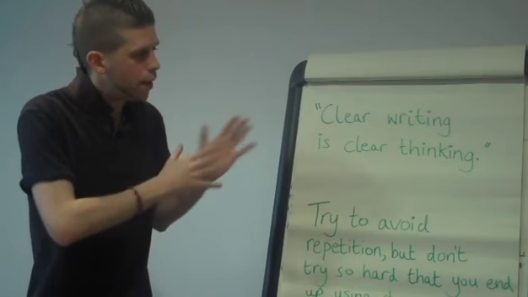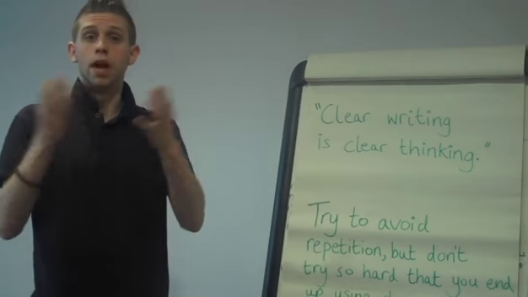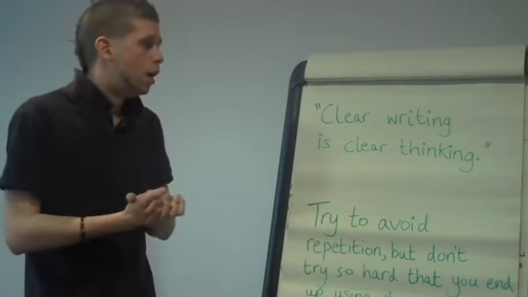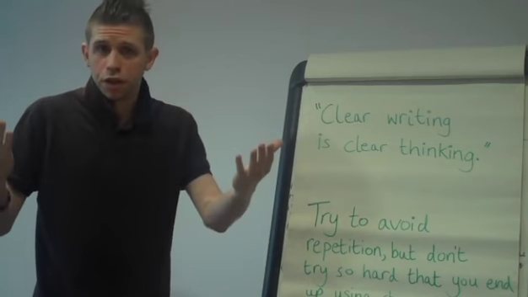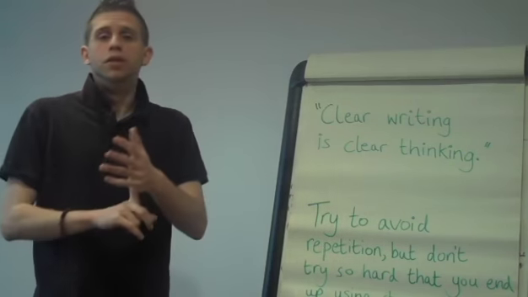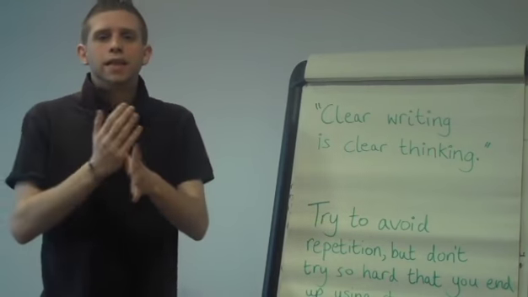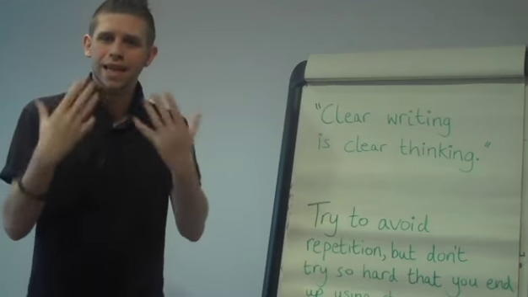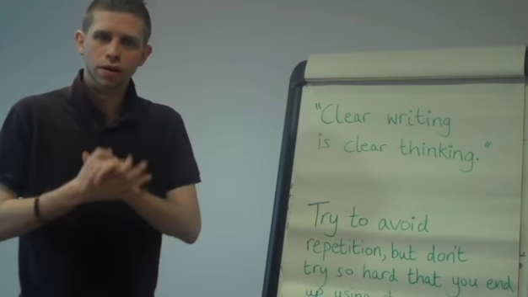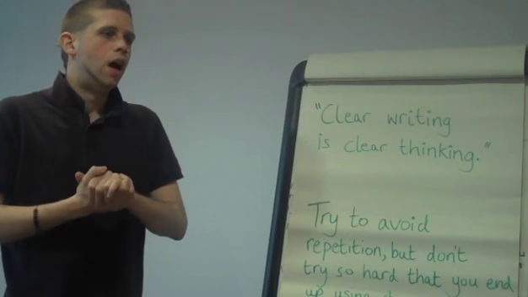So we've just talked about the chapter on clarity and conciseness. There are obviously lots of other chapters in the book dealing with referencing, critical thinking, proofreading, the basic grammar ideas that you'll need to write well in an academic sense.